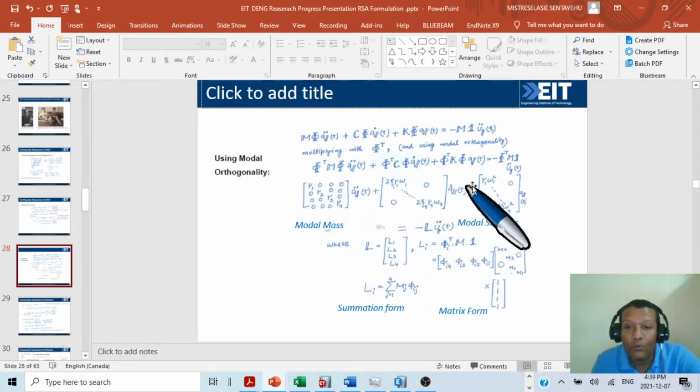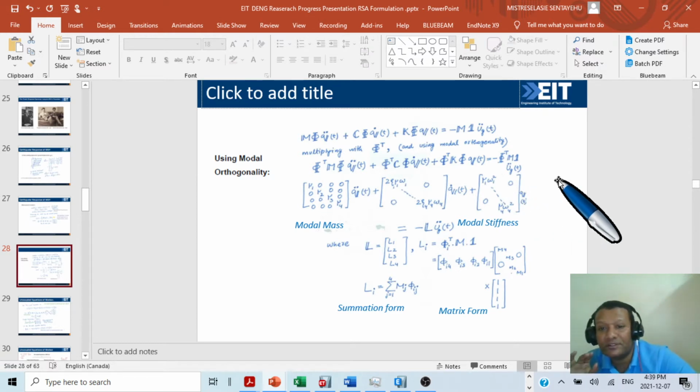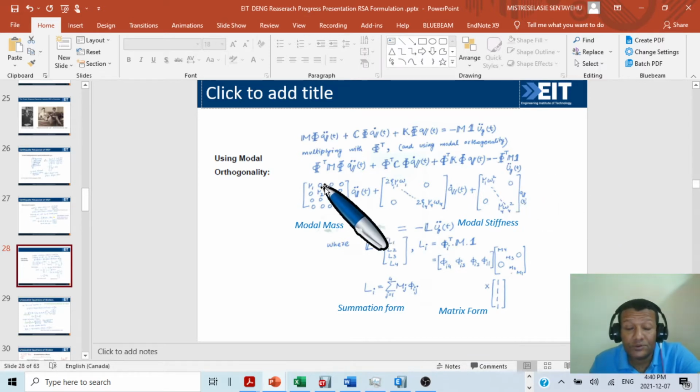This is one equation. This is only contributing to the first mode, only the first mode. Then for the first mode we have 4 stories: first story, second story, third story, and fourth story. So no contribution from the second mode, third mode, or fourth mode. So we have only the first mode here.